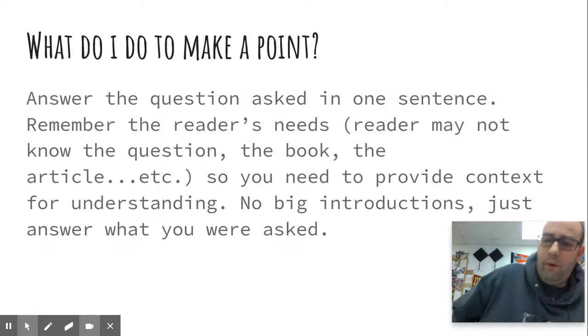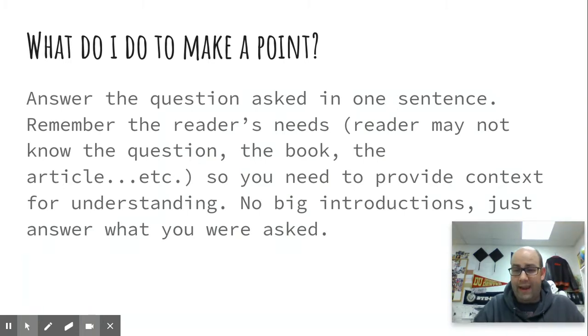So, what is a point? The point is you answering the question in one sentence at the very beginning. That's the P in PEA. So, you need to make sure that you're looking at the prompt because the prompt is going to tell you what you need to write about. Sometimes these prompts are going to ask you to identify literary terms and then discuss how those literary terms in a story or in a novel help us to understand the theme or the message of that story or novel.